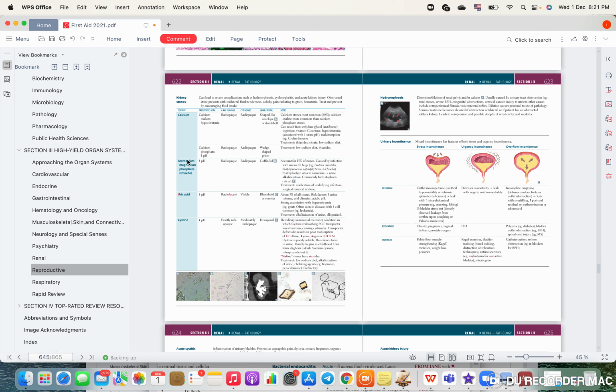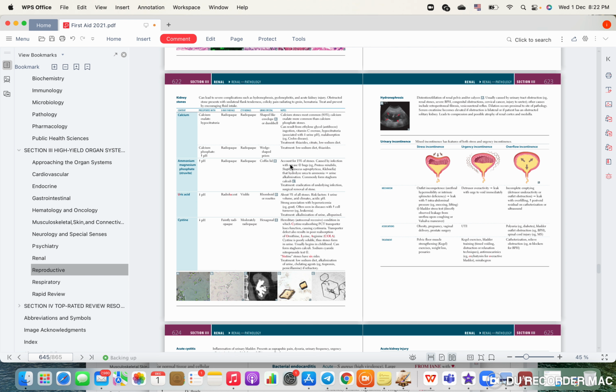Can someone tell me in which pathologies I can have a big stone? MAP and what else? Cystine. How can I differentiate that? Is it MAP or is it cystine?